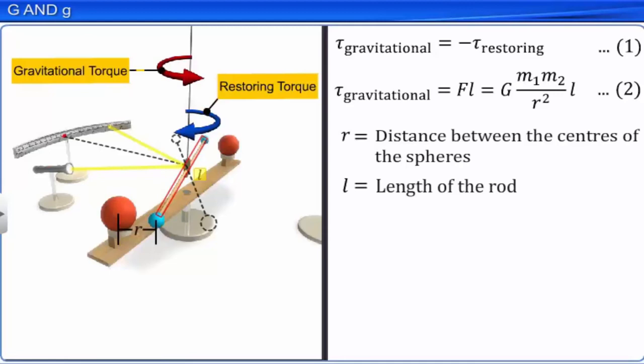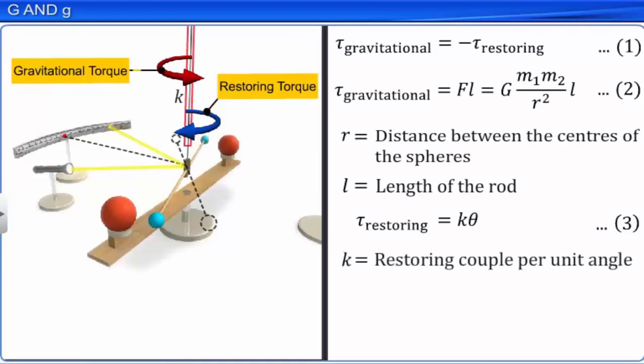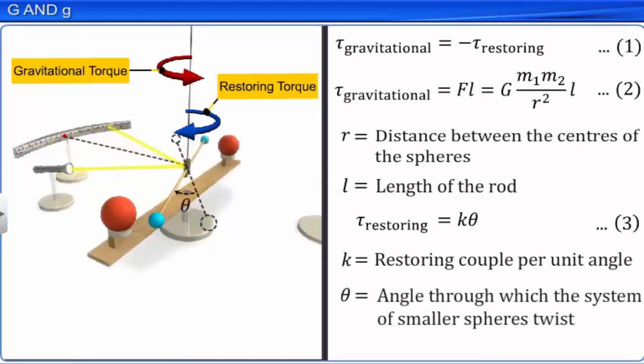The restoring torque is denoted by equation 3. Here, K is the restoring couple per unit angle, and theta is the angle through which the system of smaller spheres twists. The value of K can be derived by applying a known torque and measuring the corresponding angle.